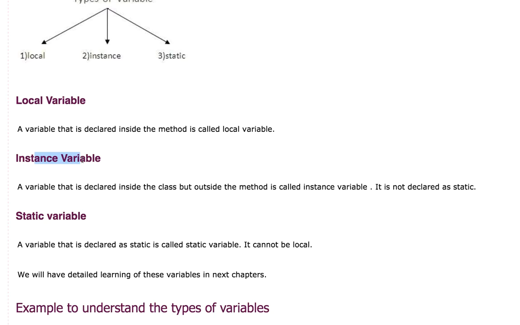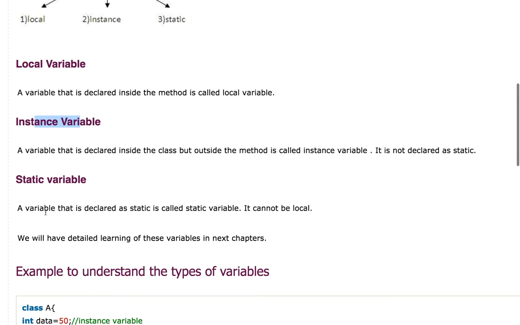They are just created within the class, and they can be used anywhere inside the class. And a static variable is something which is defined in the class, and is initialized only once. They are per class, not per object, unlike the instance variables.